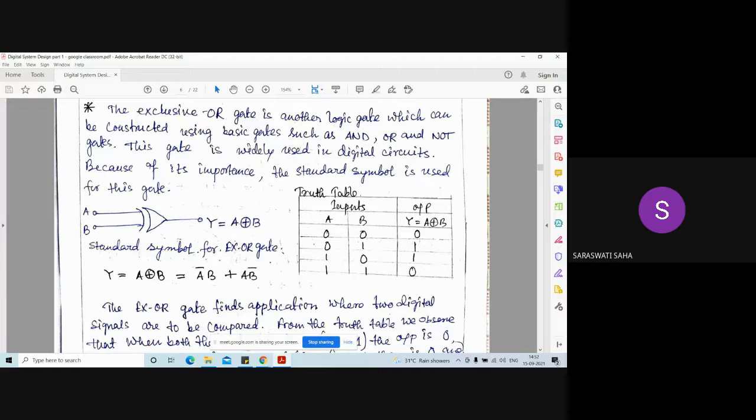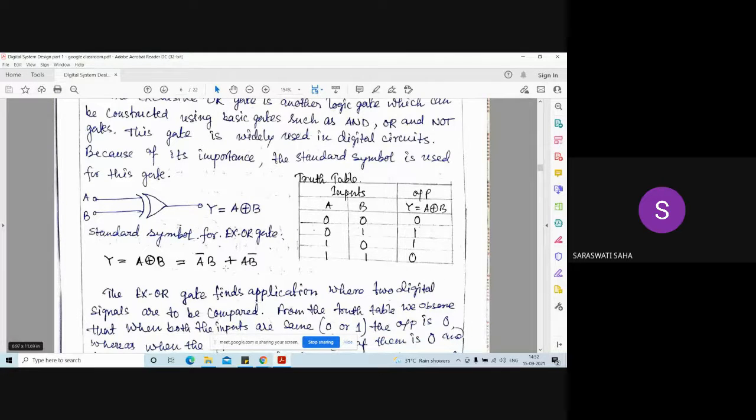If we write A plus B, it is the OR gate. But when this plus sign is within a circle, it means it is the exclusive OR gate. And what is the output expression? A naught B plus A B naught.